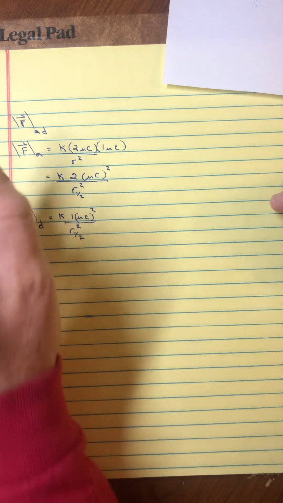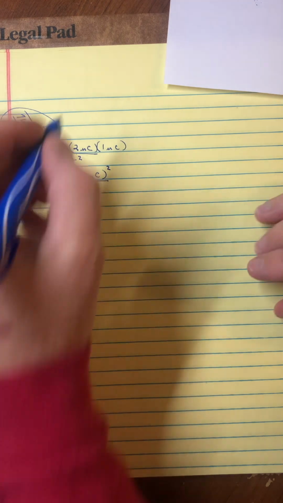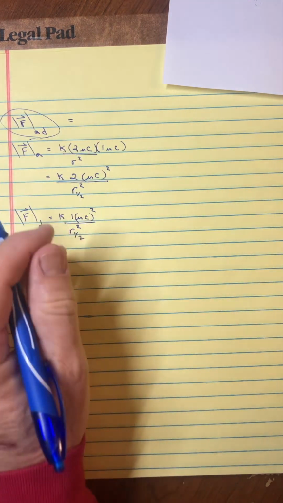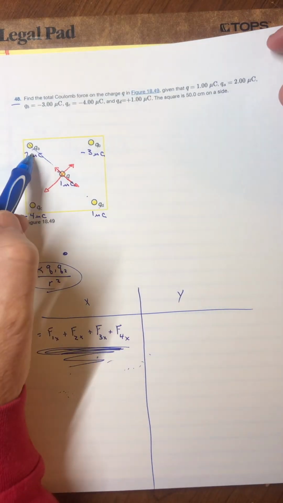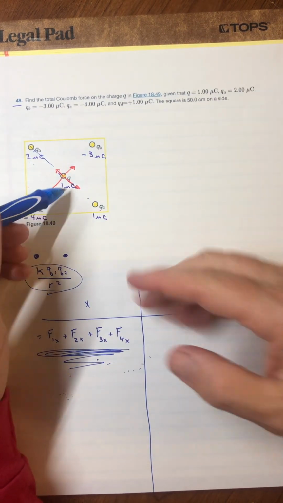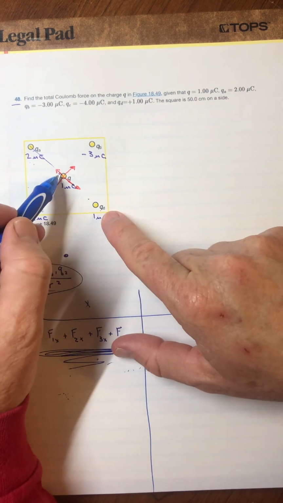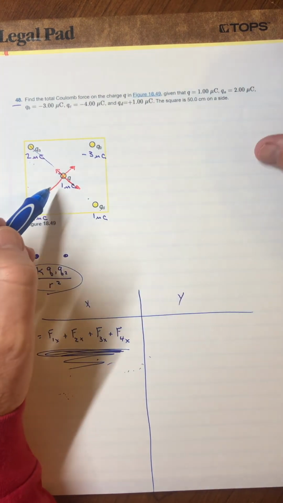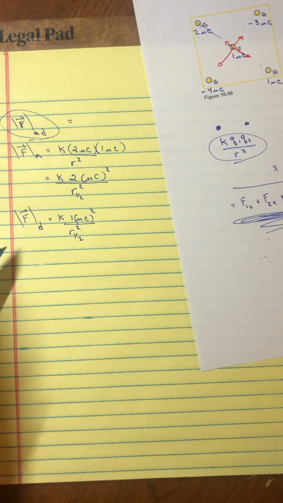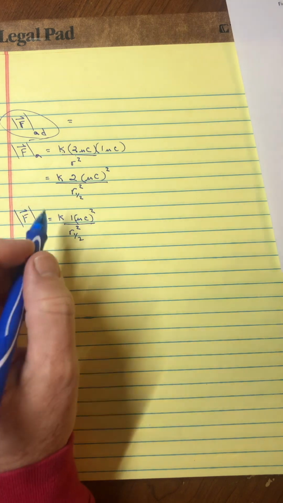And since I want to know the magnitude of A and D, noting that the force from A, kind of down to the right, is bigger than the force from D, which is up and to the left, I would subtract these two. I would take the force from A and subtract that one.